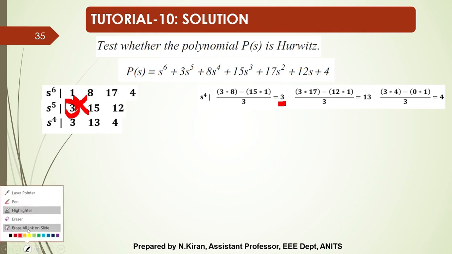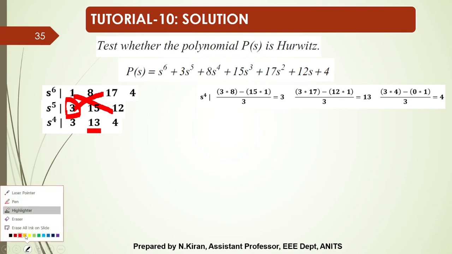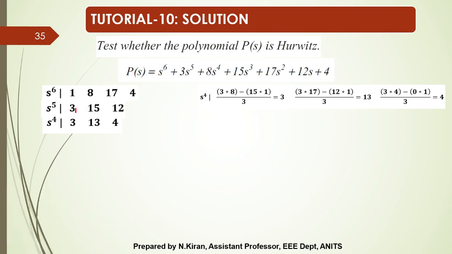The second element: 3 into 17 minus 12 into 1 divided by 3 gives me 13. And the third entry of the row s power 4: 3 into 4 minus, here I don't have any term, so I'll assume this as 0, isn't it? So 3 into 4 minus 0 into 1 divided by 3 gives me 4.